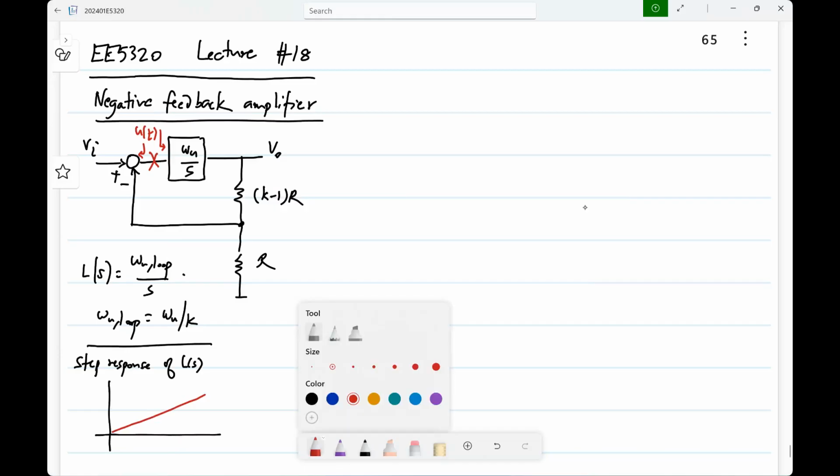That's what this business of continuously adjusting the output gives you, and its slope is omega u loop.